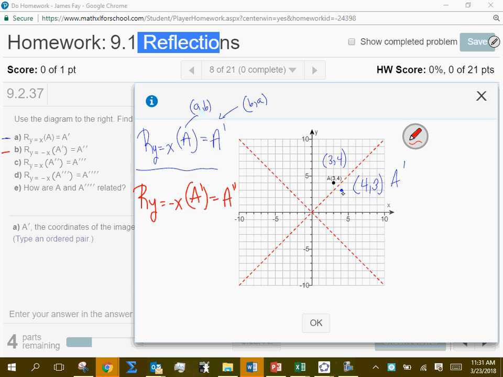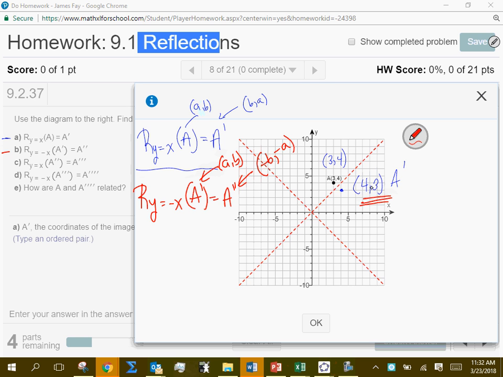So now we're taking this blue point and we're going to reflect it over this line y equals negative x. Well, yesterday we said if that was A comma B, then when reflecting over the line y equals negative x, the image, if you remember, is opposite of B comma opposite of A. Does that make sense? So here is A prime.